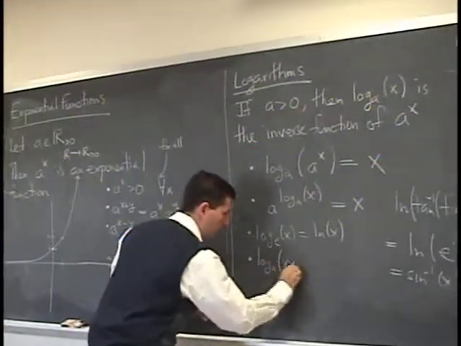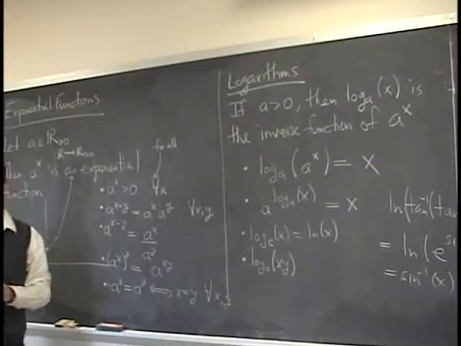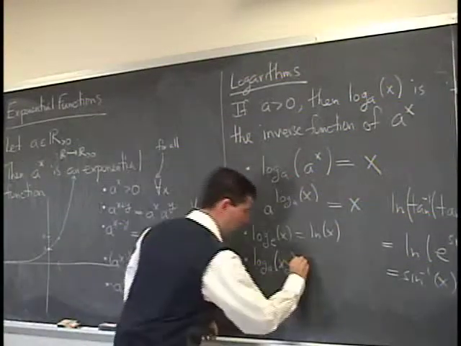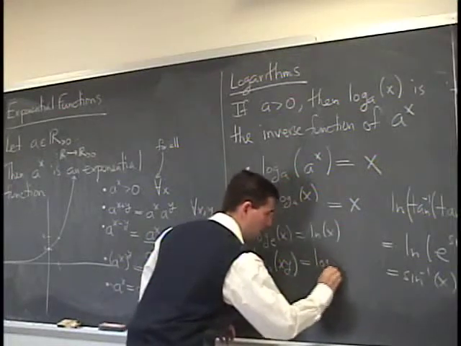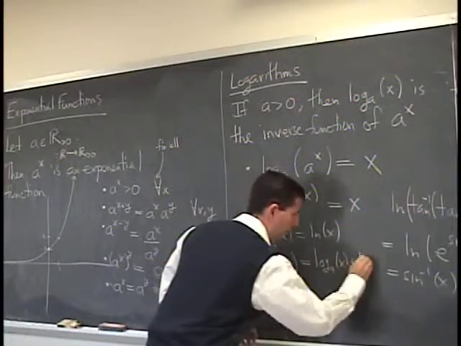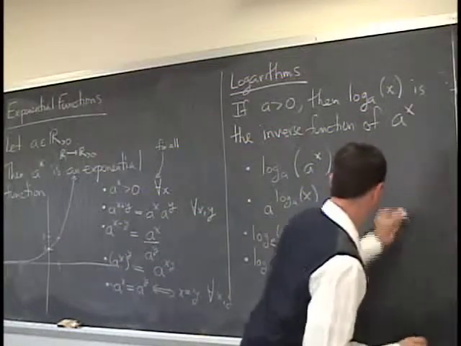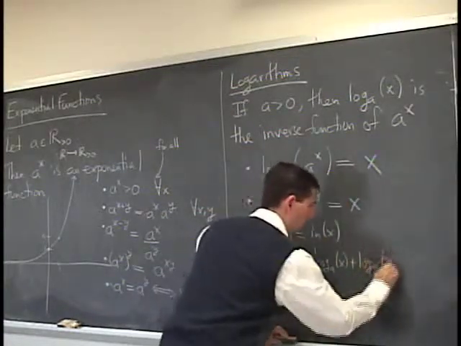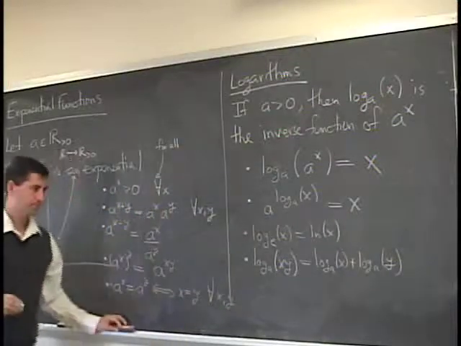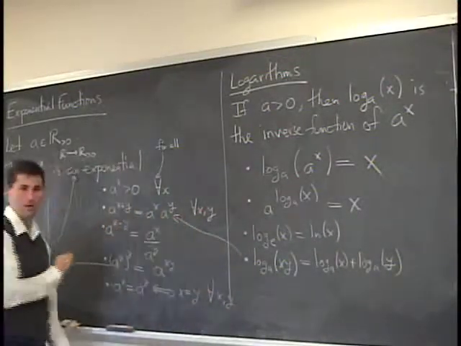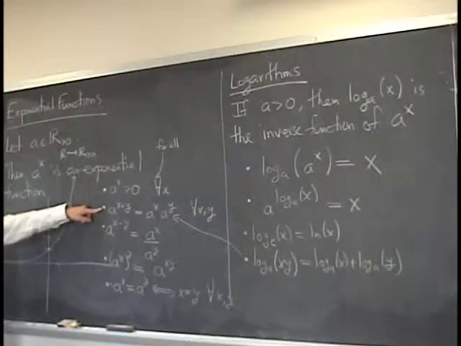So for instance, if you have the log of a product, this ends up being the sum of the logs. That is a direct translation of this property of exponentiation.